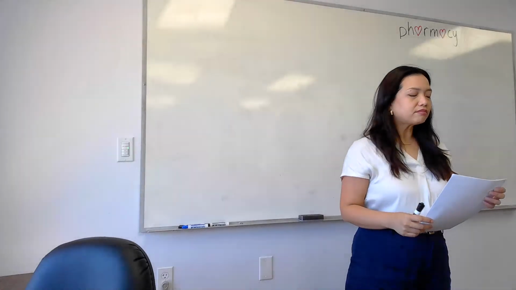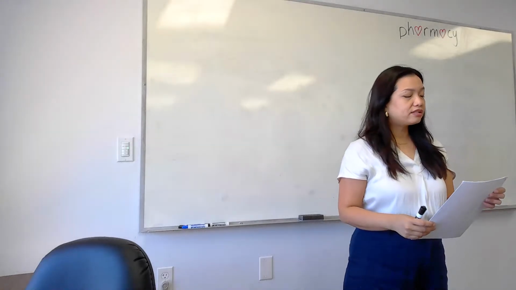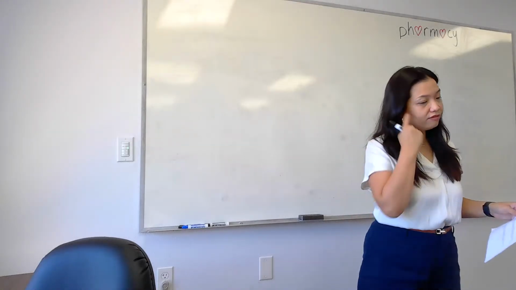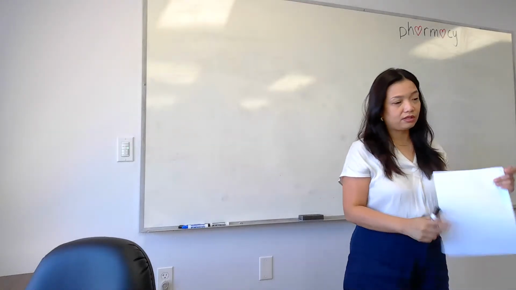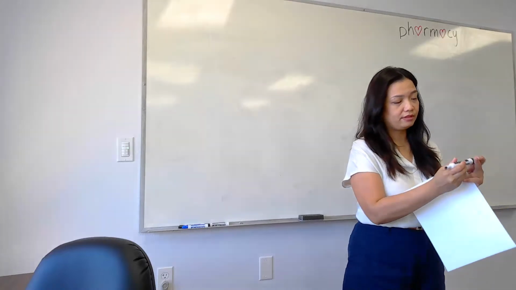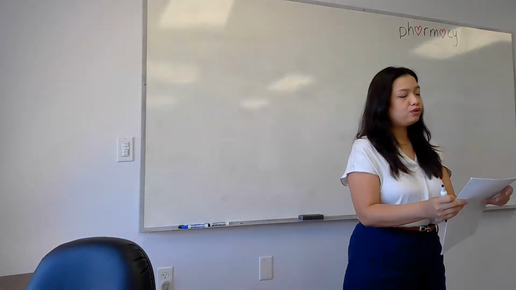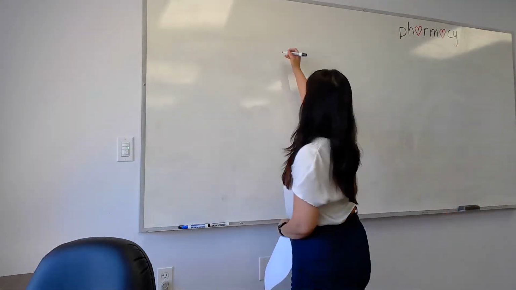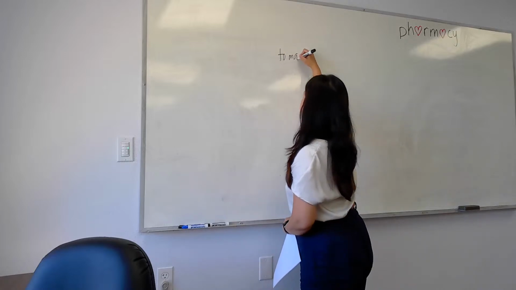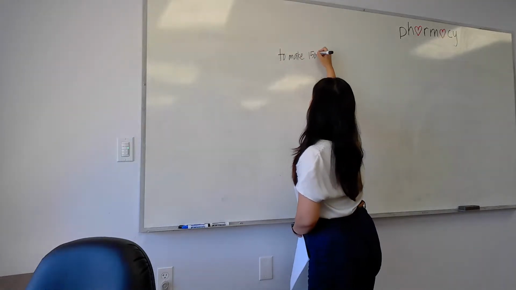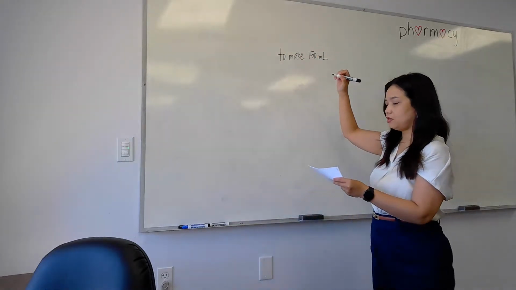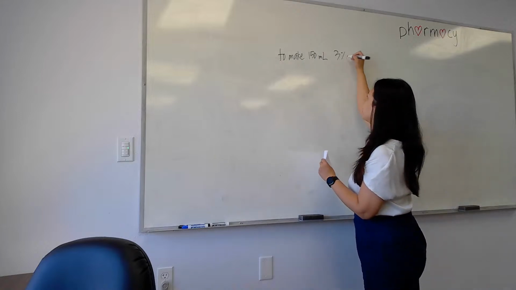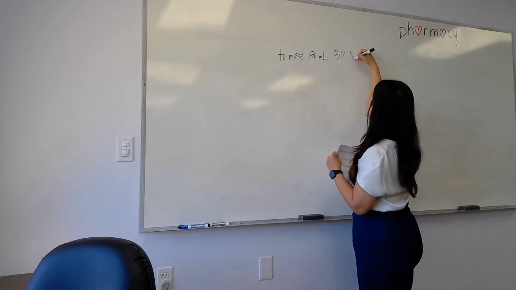Okay. Number one, you are asked to make, and I'm going to give more tips again, which are probably very repetitive. You're asked to make, those words are important, 150 ml of 3% NaCl.